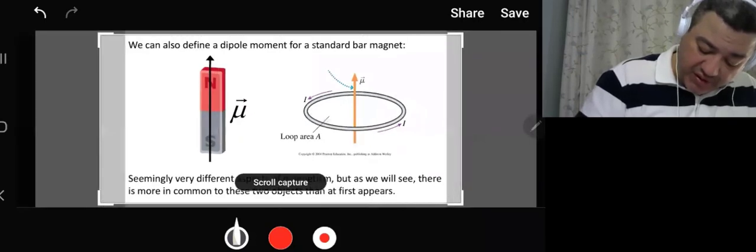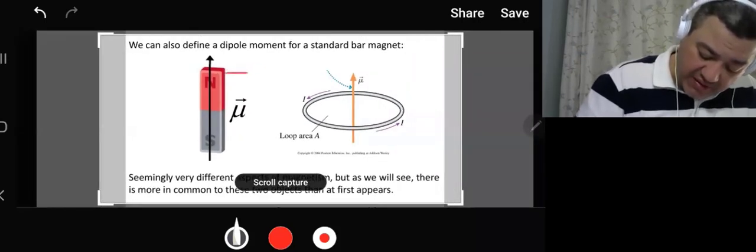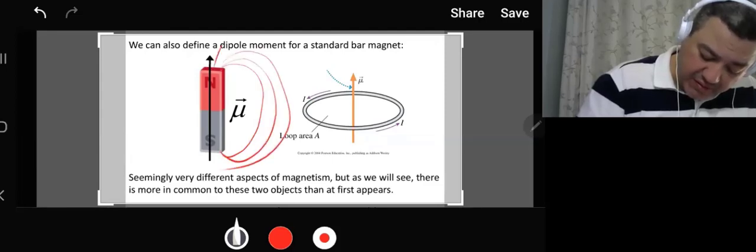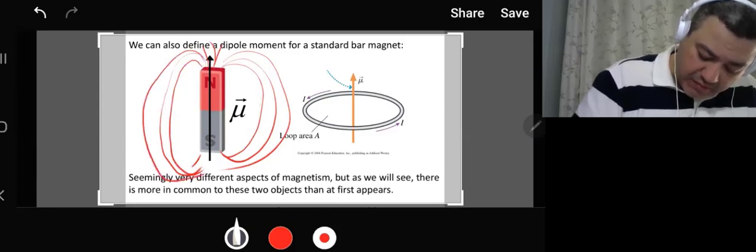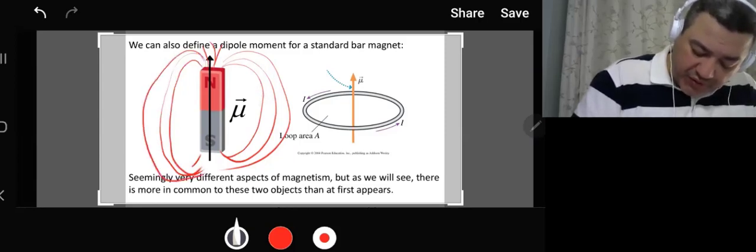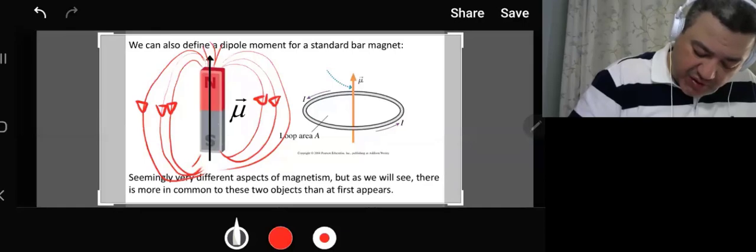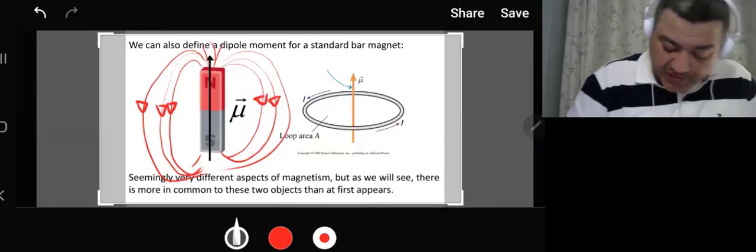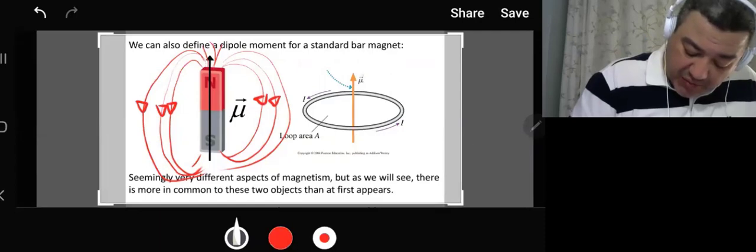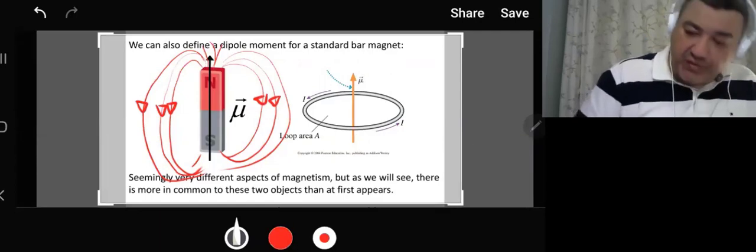So if I draw the magnetic field lines, they will be doing something like this, pointing from the north toward the south, where the magnetic dipole moment is going inside from the south to the north. So that's the magnetic dipole moment based on the right-hand rule.